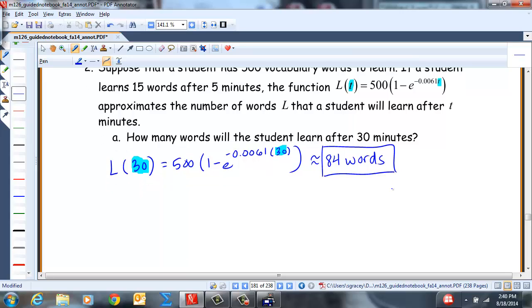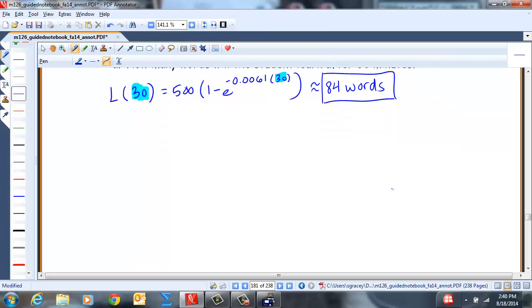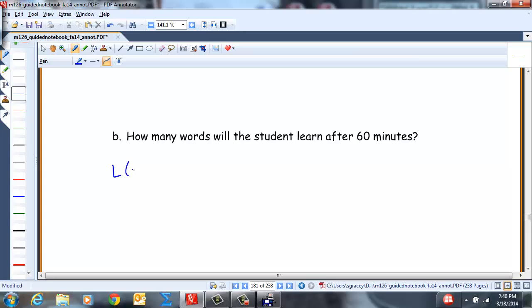Interesting. Okay, so then let's see what happens after 60 minutes, so after an hour. So L at 60 will be equal to 500 times quantity 1 minus e raised to the negative 0.0061 times 60.